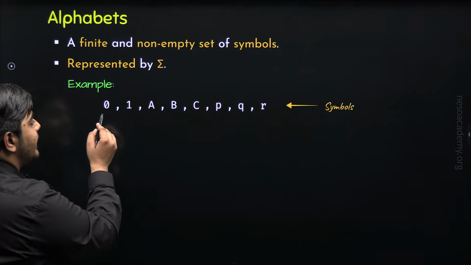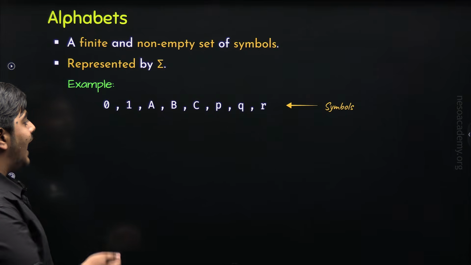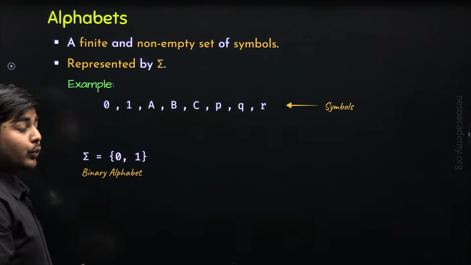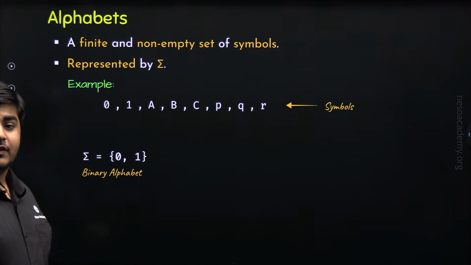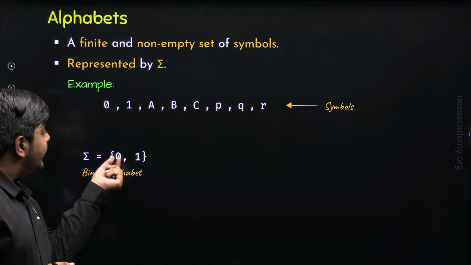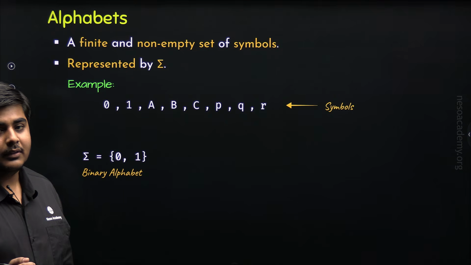So if I take these two symbols that are 0 and 1, I will get an alphabet sigma is equal to {0, 1}, which will be called as a binary alphabet. Why binary? Because this set contains only two numbers and these are called as binary numbers, 0 and 1.